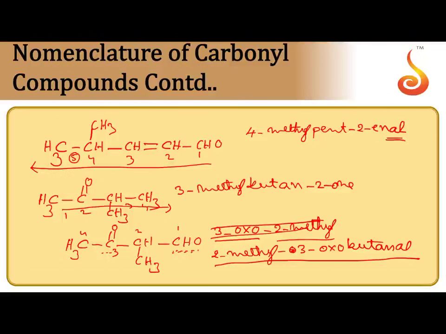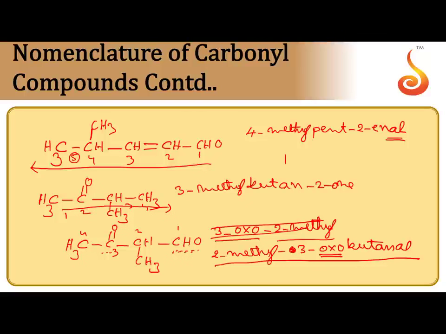So whenever keto group along with the aldehyde group is there, keto group is taken as prefix substituent. In place of oxo, even you can write keto. If you are using keto, 3-keto, 2-methyl butanal in alphabetical order.